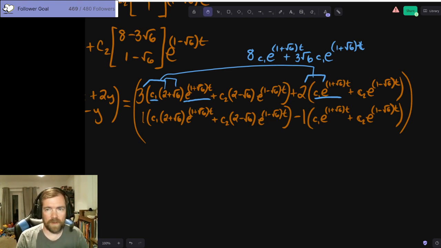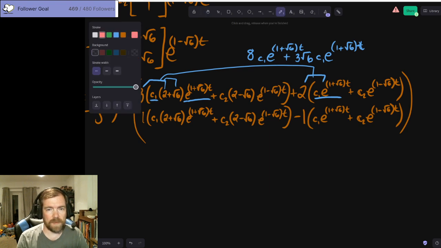And then we also get same deal. What about the other one, right? Our c2 e to the (1 minus the square root of 6)t. Well, we have 3 times 2 makes 6 again, and then plus another 2 from the other side is going to make 8.